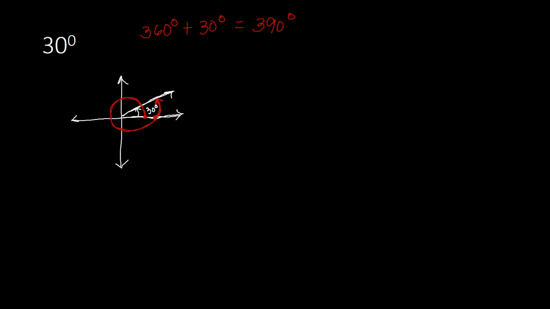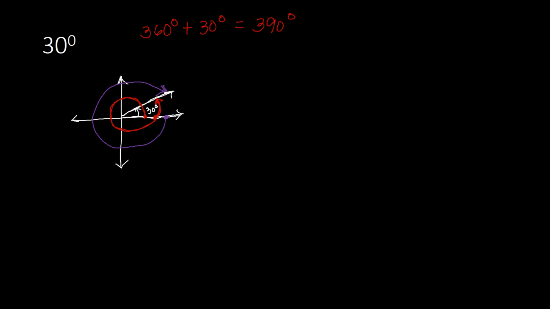Similarly, if you go in the opposite direction, the clockwise direction, you start from the standard position, make a turn clockwise, and end up on the terminal side of that 30 degrees.